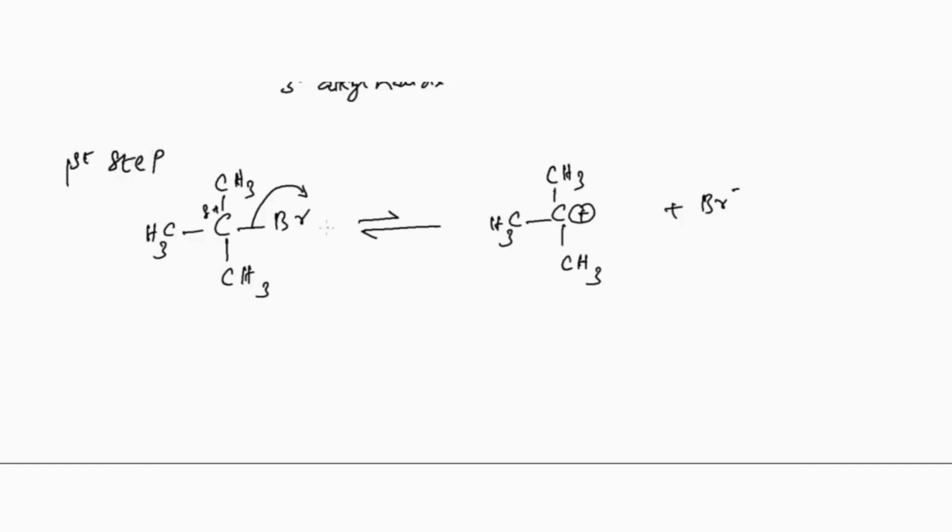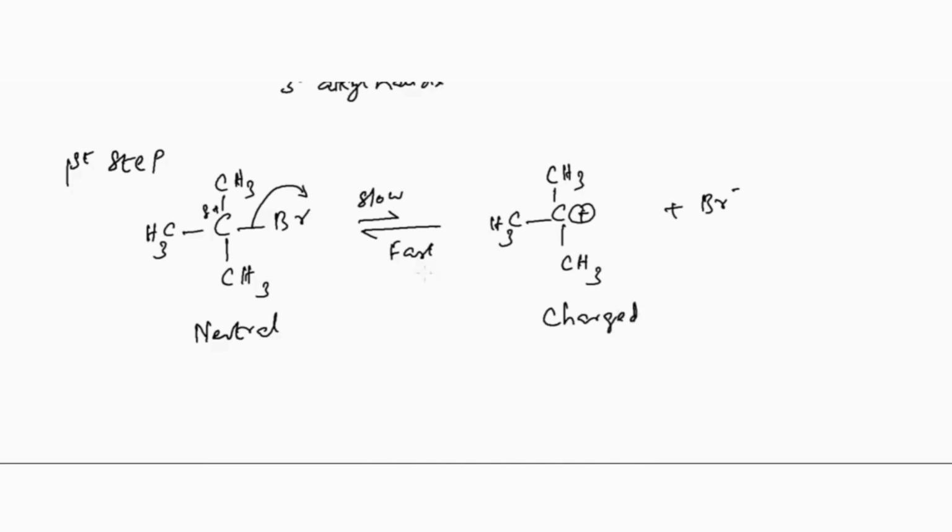Okay. And you see, I put this in equilibrium. The forward reaction is slow, and the backward reaction is fast. Why is the forward reaction slow? Because the starting material is neutral, and now this became a charged species.